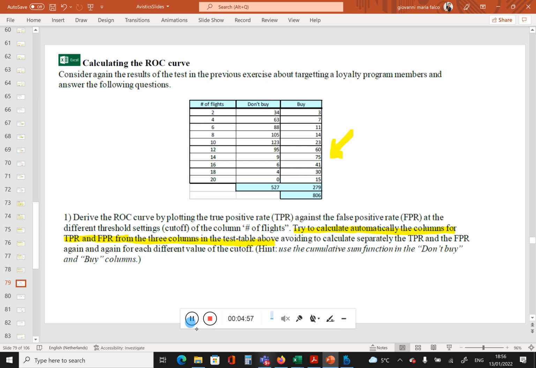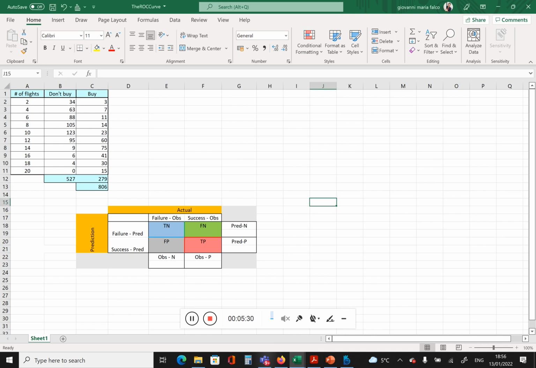A hint is given: try to use the cumulative function in the columns don't buy and buy. We want to take this hint and develop it into a fast solution of this problem, at least faster than redoing the calculation of the confusion matrix, TPR and FPR of the previous exercise again and again.